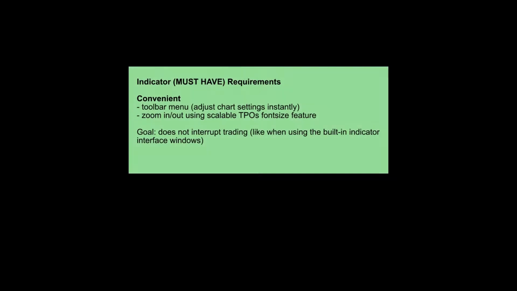To be convenient, the added toolbar lets you instantly change the chart appearance right from the chart with a couple mouse clicks. Similarly, a fan favorite is how easily you can zoom in and out of the chart using your mouse to rescale the y-axis.